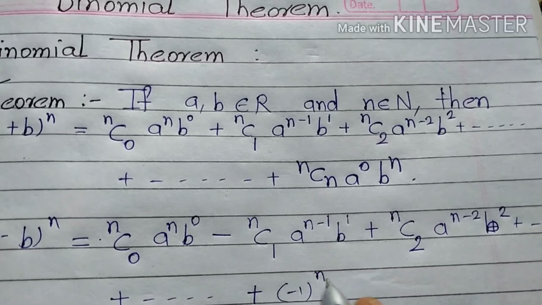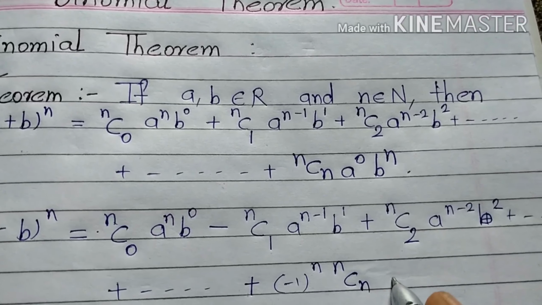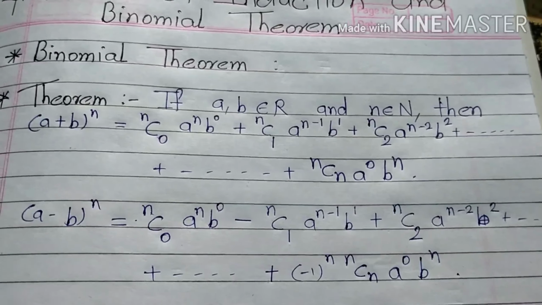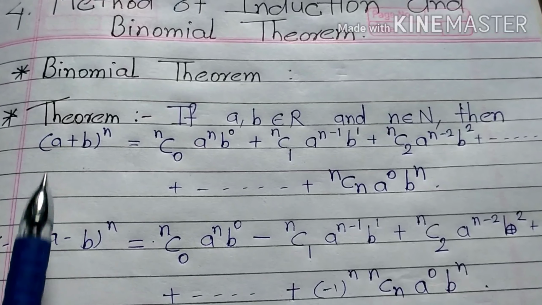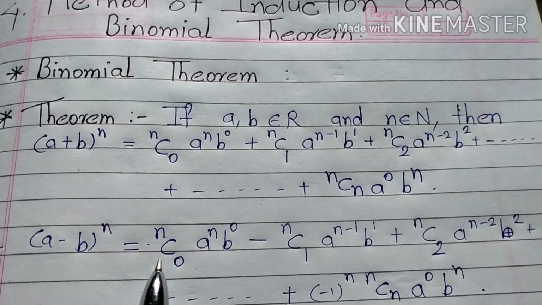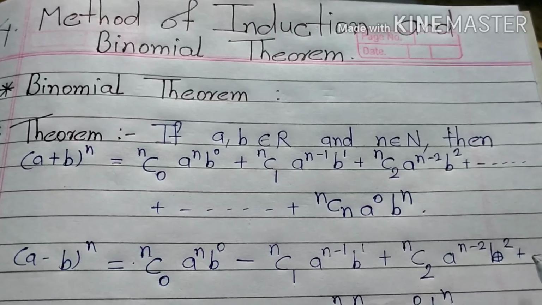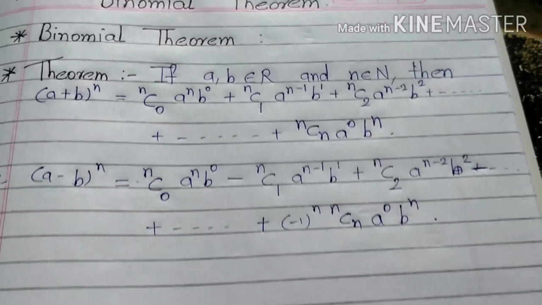Minus 1 raised to n, nCn a raised to 0, b raised to n. So you can observe that when there is minus sign, then the sign in the expression will be alternate. So here plus, then here it is minus.